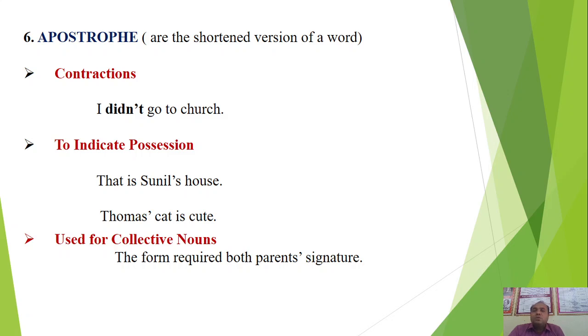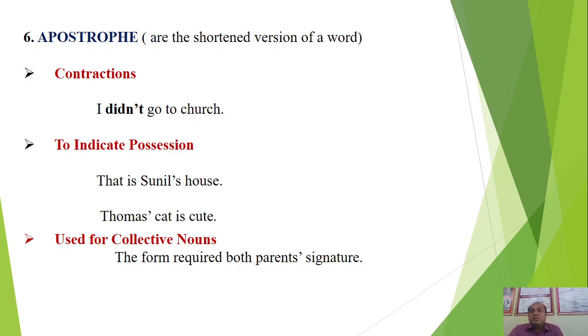Apostrophe is also used to indicate possession. That is, Sunil's house. Thomas' cat is cute. So it indicates the possession of house, possession of cat, which is cute.